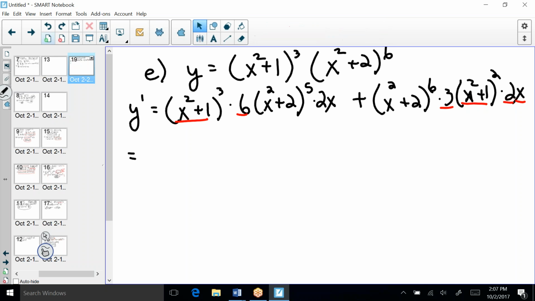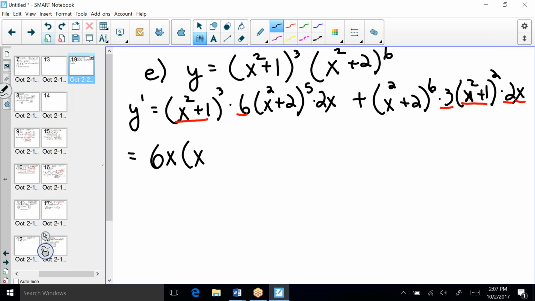All right, so let's factor out a greatest common factor. So we still have a 6x that we can factor out. And we also have x squared plus 1 in both of those terms, and the second power is going to be the smallest one. And then we have x squared plus 2, and that's going to be to the fifth power.